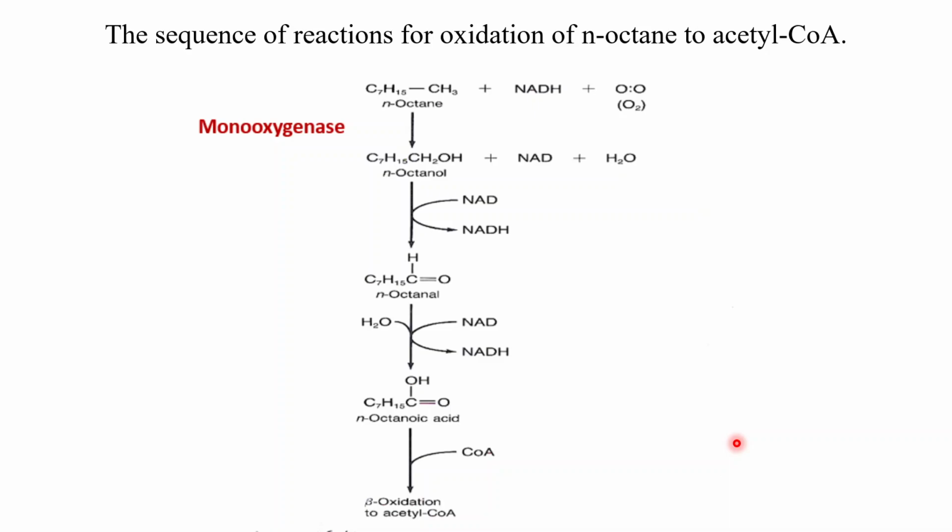Citric acid. Yes, the citric acid cycle or the tricarboxylic acid cycle, right? So even if a microorganism is given an alkane as the carbon source instead of glucose, it can metabolize that alkane into a carboxylic acid, and from that carboxylic acid convert it into acetyl coenzyme A, and that acetyl coenzyme A can enter the citric acid cycle where electrons will be generated.